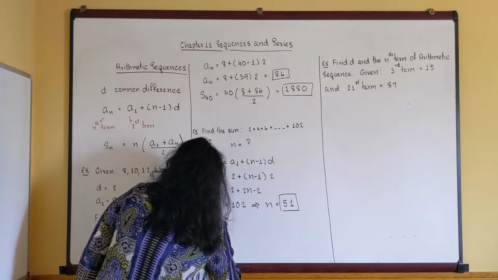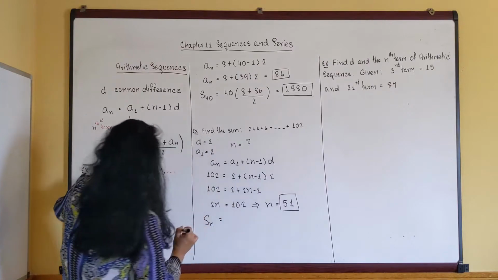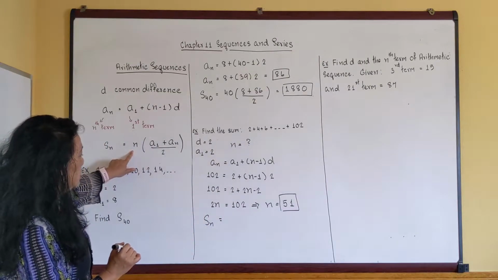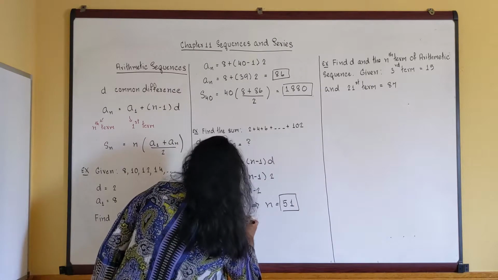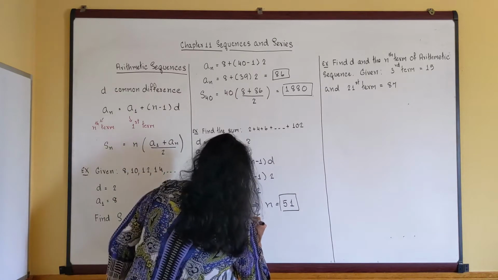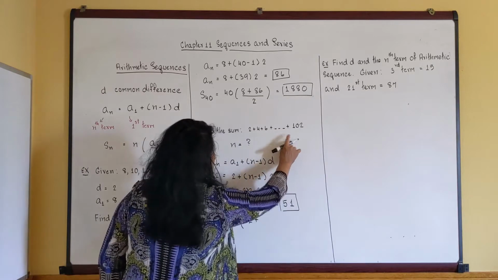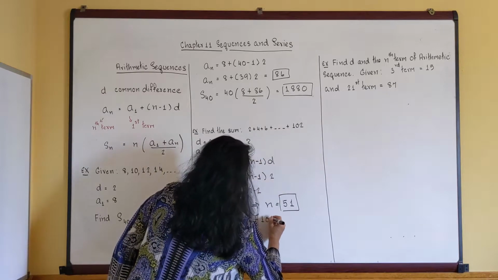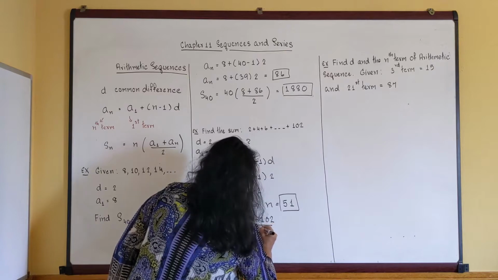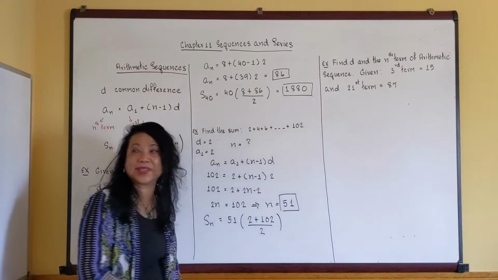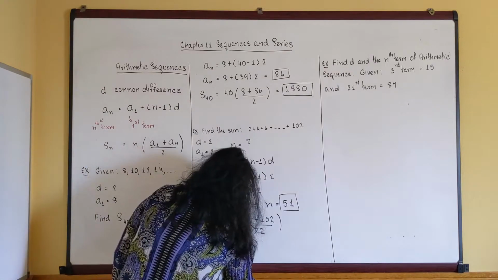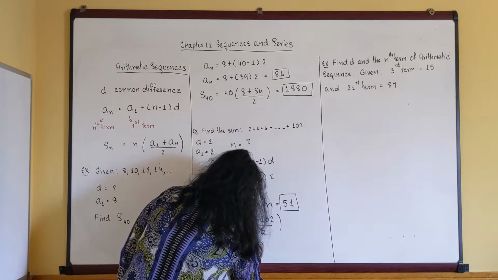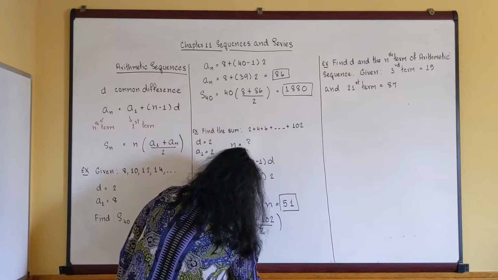S sub n is going to be n, which is 51, times a sub 1, which is 2, plus a sub n, which is 102, divided by 2. If you calculate this, it's going to be 2,652.